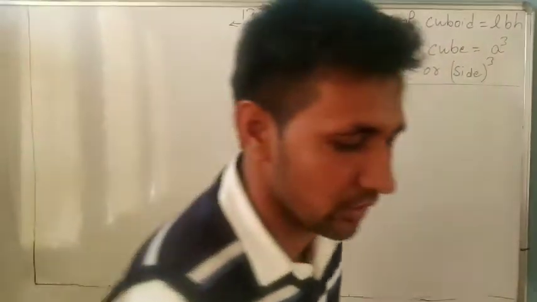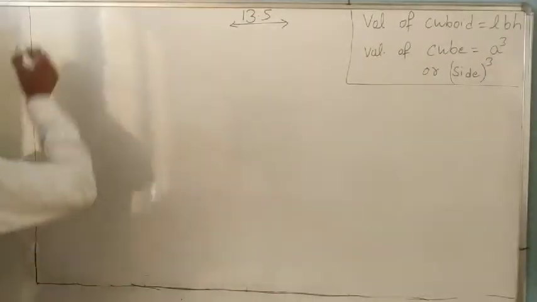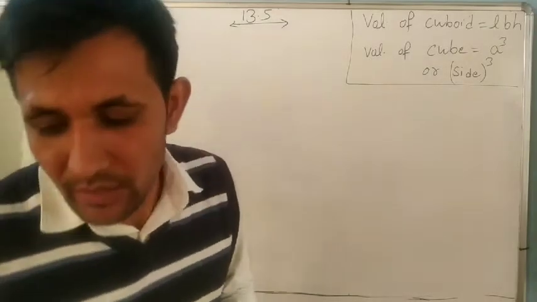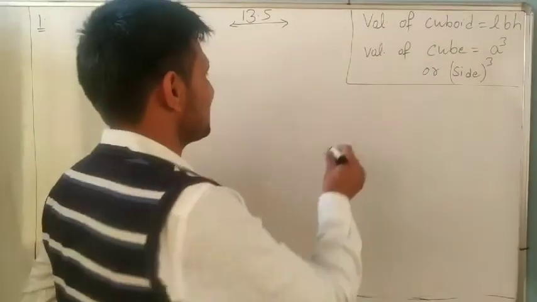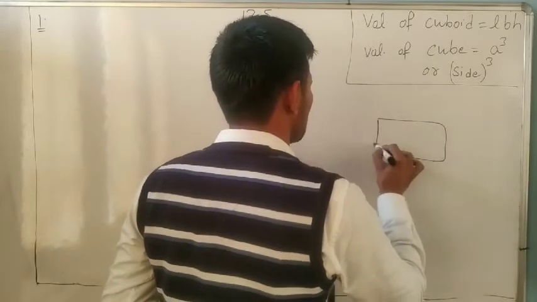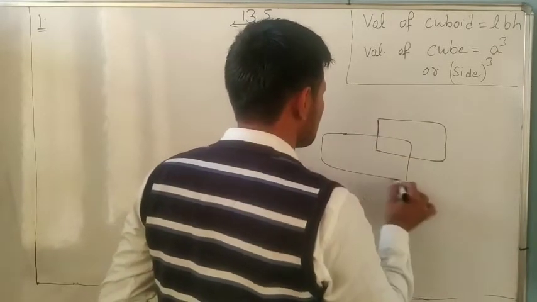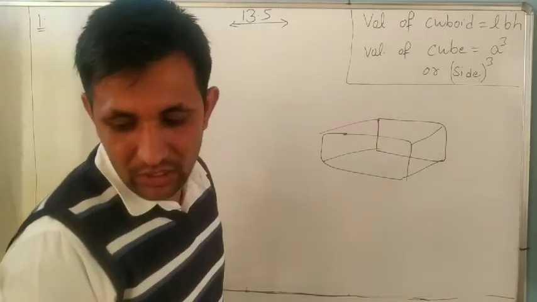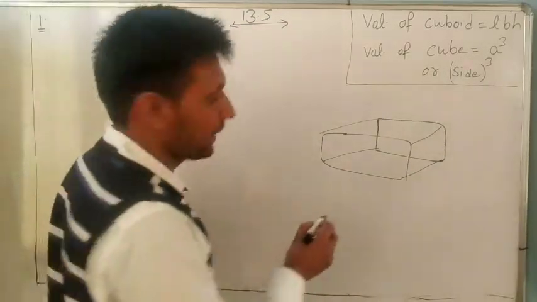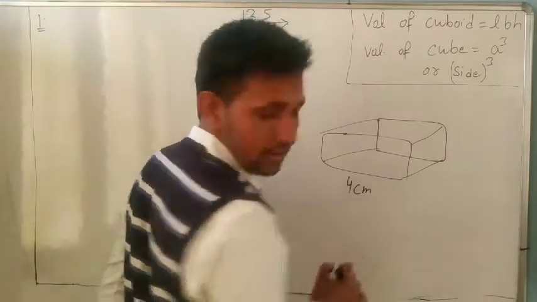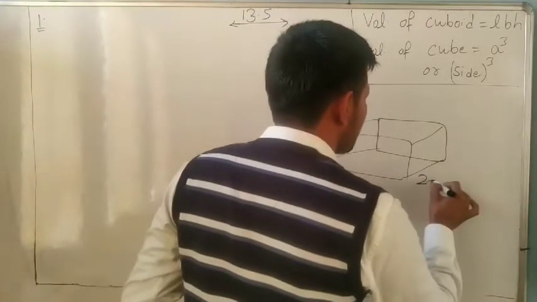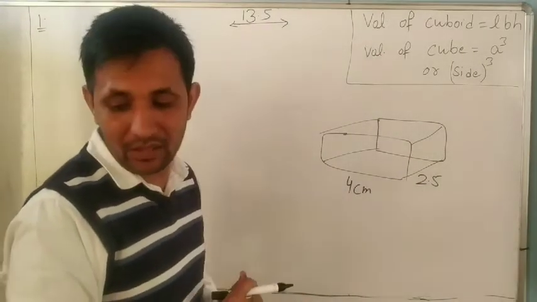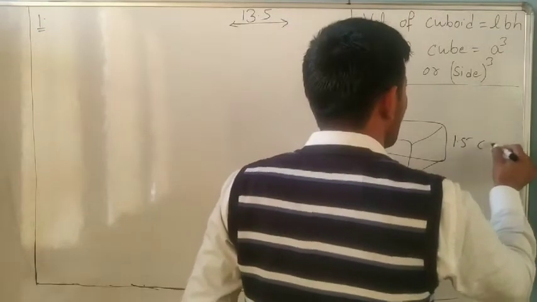Next, the first is question number 1. If you remember the formula, you can do it yourself. A matchbox measures like this. A matchbox has length 4 centimeter, 2.5 centimeter breadth, and height.